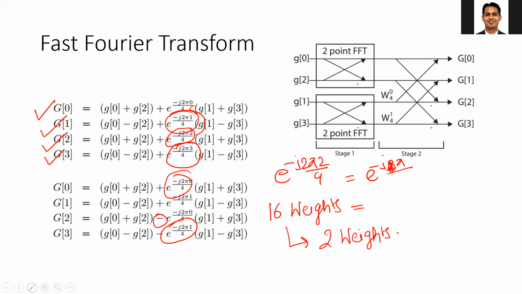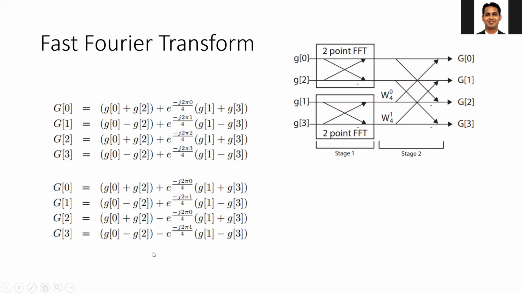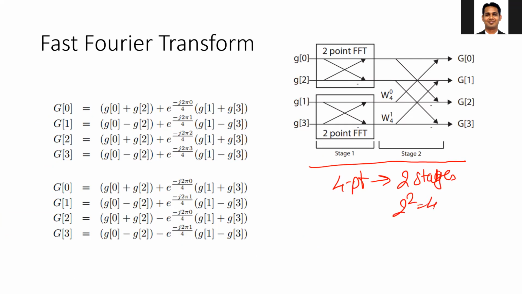So you can see on the right hand side, your 8-point FFT is built from 4-point FFTs. A 4-point FFT can be broken down into 2 stages, since 2 raised to 2 is equal to 4. Stage 1 is implemented with the 4 by 2-point FFTs, this one and this one, and then you have the final second stage where you use the n-point butterfly.